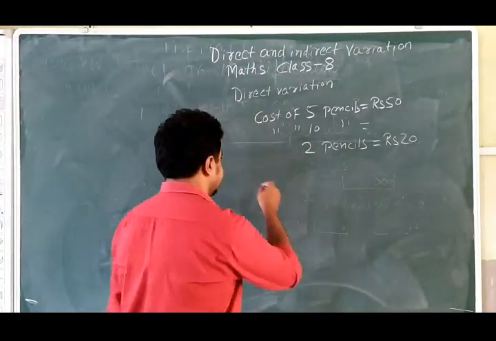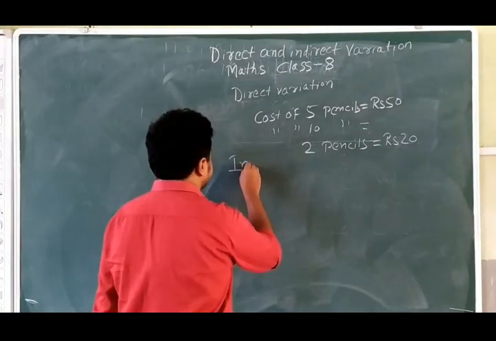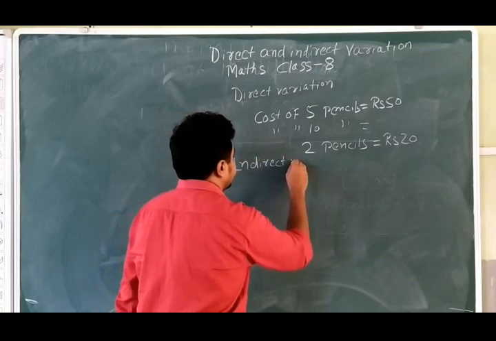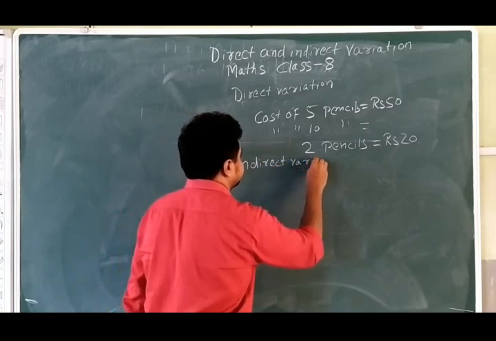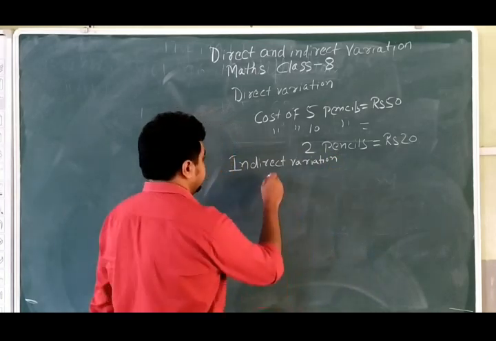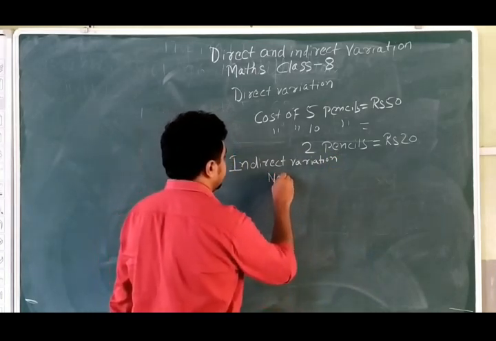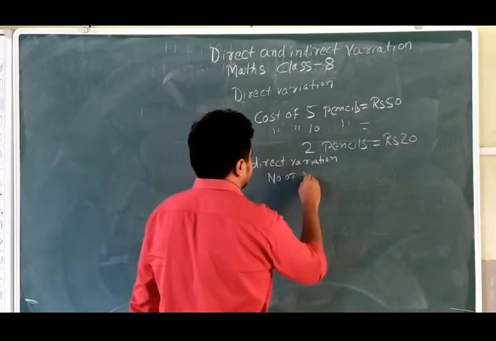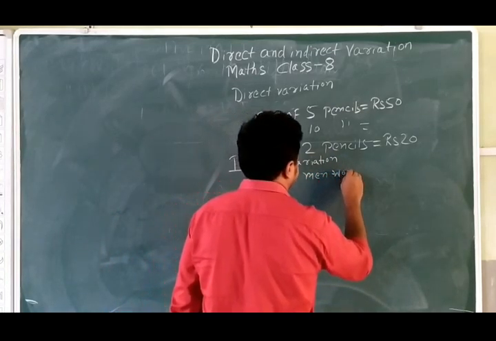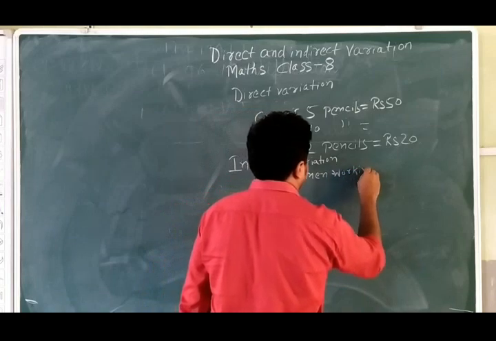Now indirect variation. Suppose the number of men working is 10.